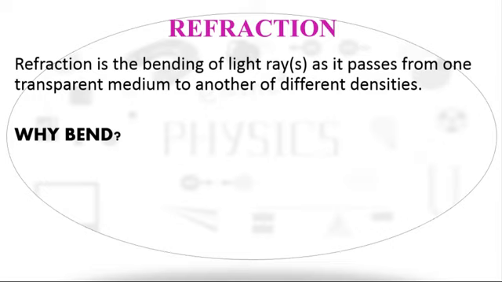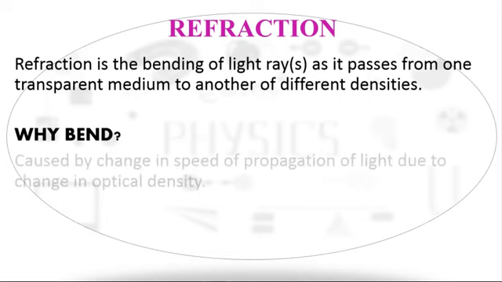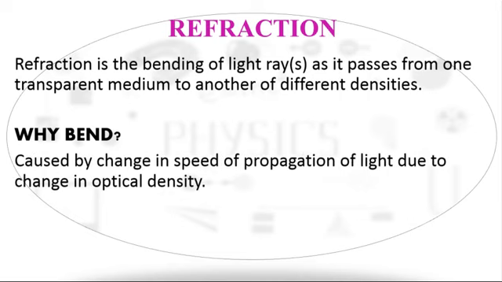Similarly with light, as it moves from one medium to another, it's like running from the road and entering the bush. Because there is bush, you'll be trying to avoid colliding with trees, avoiding this and that, and you'll end up not running in a straight line. So as light moves from one medium to another, its speed changes.